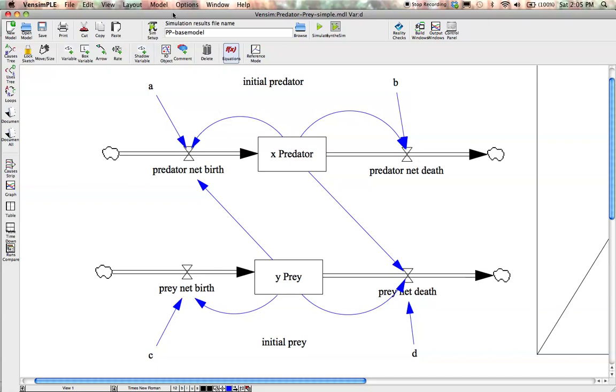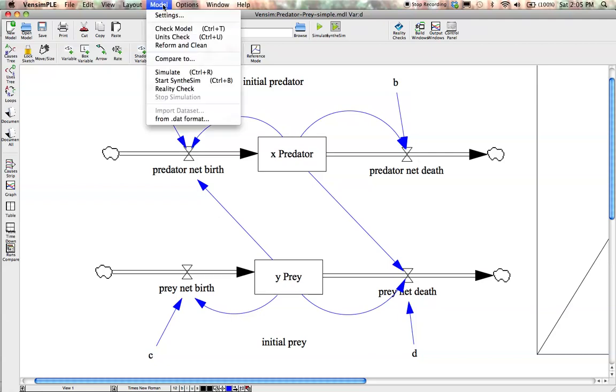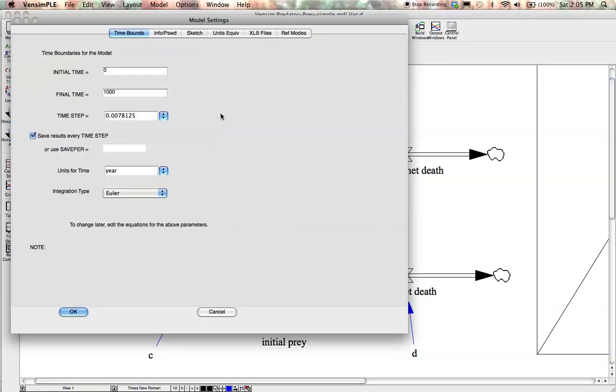I wanted to show also something that is key to look at. If you go to the model tab and go to settings, you can look at the settings of the model. This model is run for 1,000 years, so from 0 to 1,000. The time step here, you can select it, but I think we're going with 0.0078125 years.